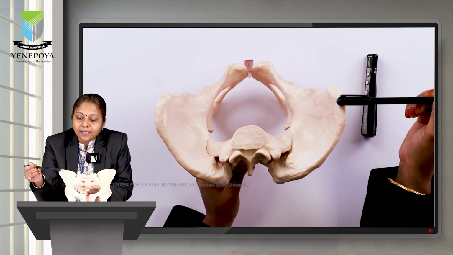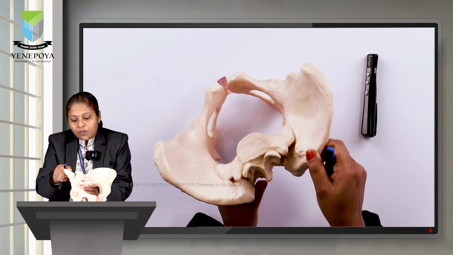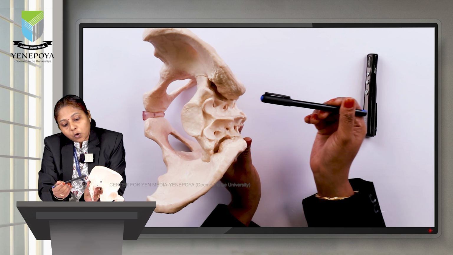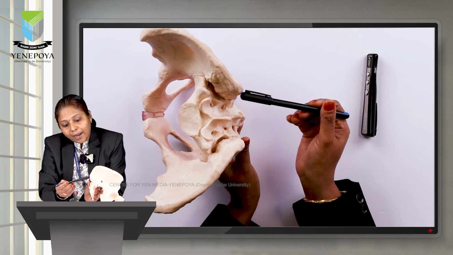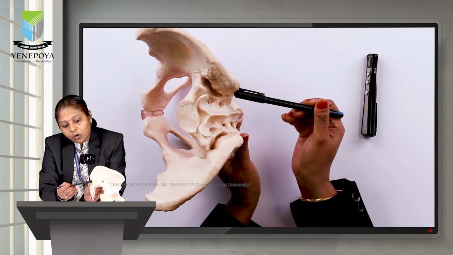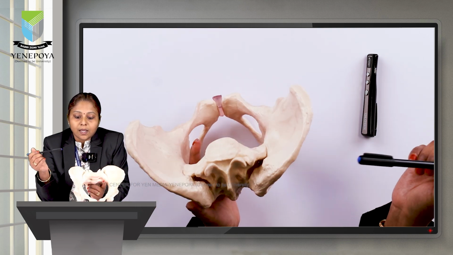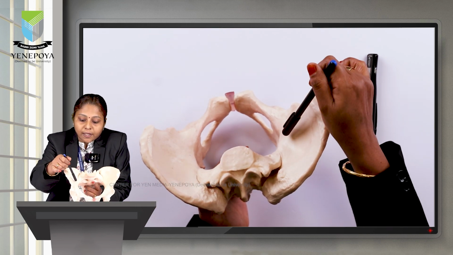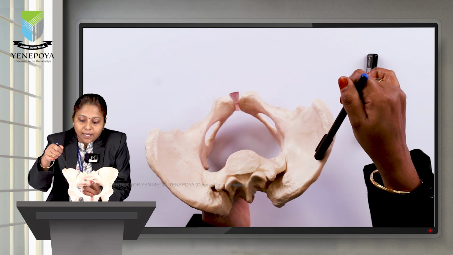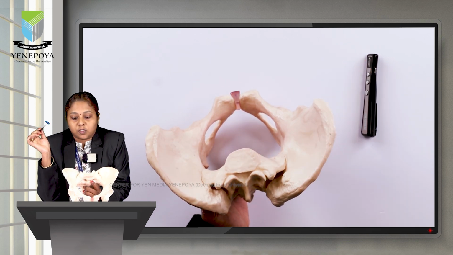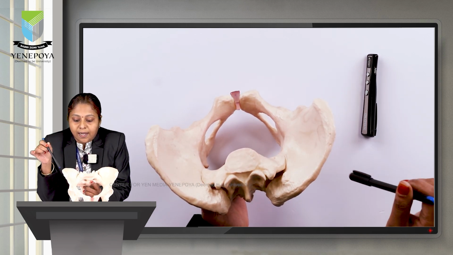Similarly, at the other end of the iliac crest, we can see the posterior superior iliac spine, and a short distance below, the posterior inferior iliac spine. The anterior concave surface of the ilium is termed the iliac fossa. This is about the ilium.